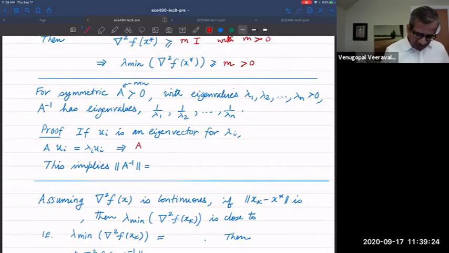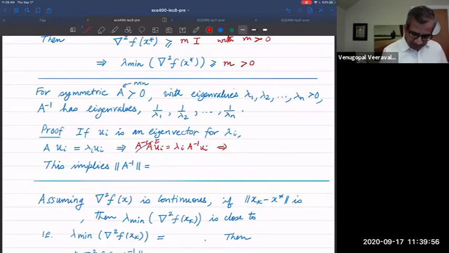You just use the fact that if lambda i is an eigenvalue with eigenvector ui, then A ui equals lambda i ui, and you pre-multiply this equation by A inverse. This gives A inverse A ui equals lambda i A inverse ui, and the left side is equal to the identity matrix times ui.